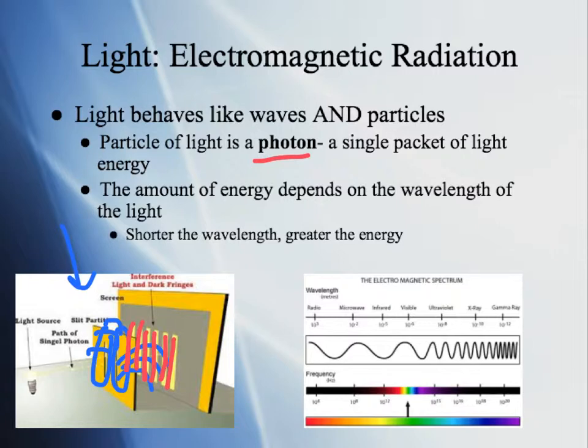Okay, so if you see here, wavelengths over here on the gamma end are super short. That means gamma rays, gamma energy is the greatest. Over here on the left, you have radio waves, which are very long or big in wavelength, and so they carry less energy with them.